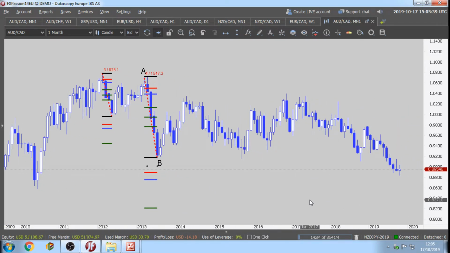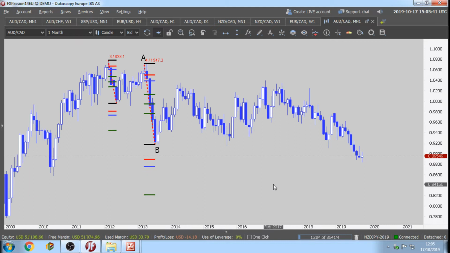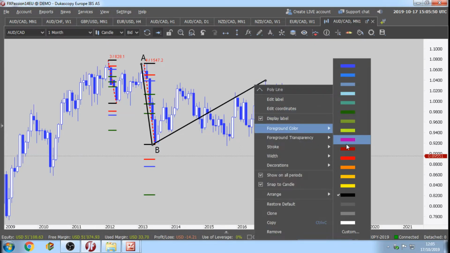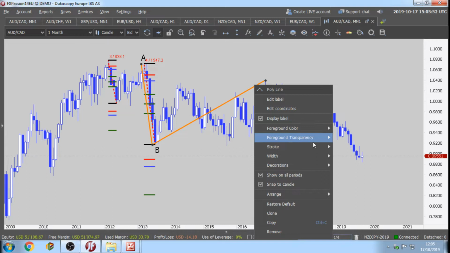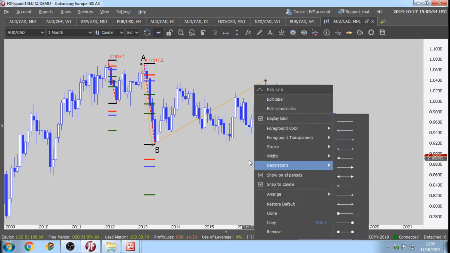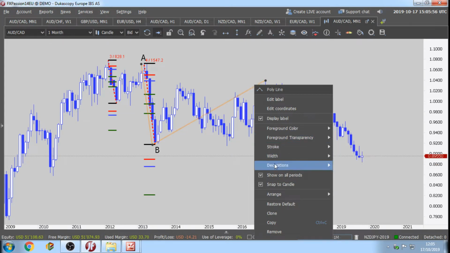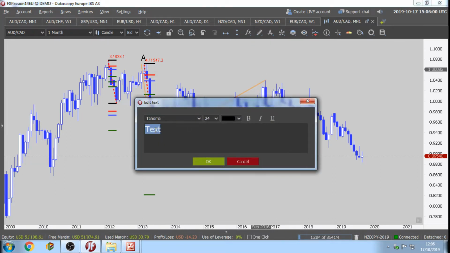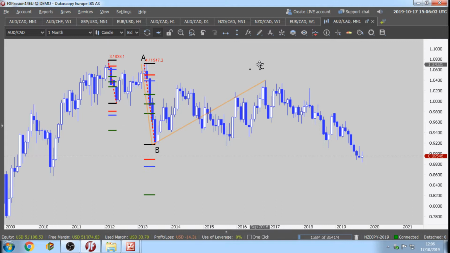Where is the C? And what is the C? The C is the highest point. A to B, B to C. C is the highest point inside the AB boundary after the B, before the market hits the appropriate extension. So ABC, ABC text.